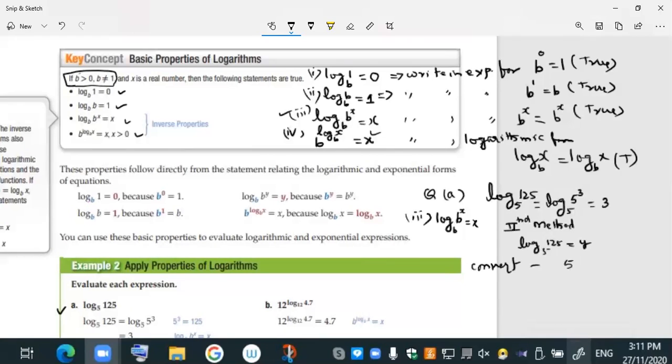So this 5 will be here and the right side will become 125. And 125 can be written as 5 raised to power 3. Base is same, therefore y is equal to 3. Therefore we got the value of log 5 to the power 3 to the base 5 is equal to 3. So we can do it by this method, or you can apply these formulas, or you can go through the previous method also.